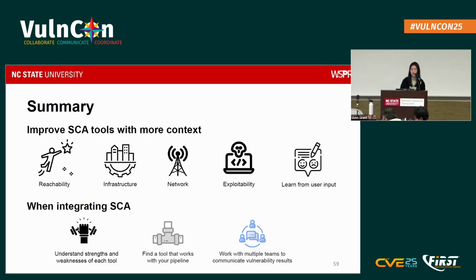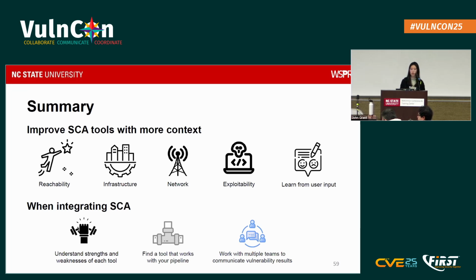And to summarize, our suggestions for SCA tools is really to provide more context. Could be static function reachability, but also adding in infrastructure context, network context, also thinking about exploitability, and maybe adding in some features for users to input.